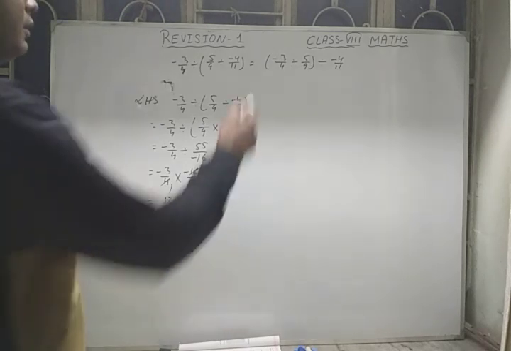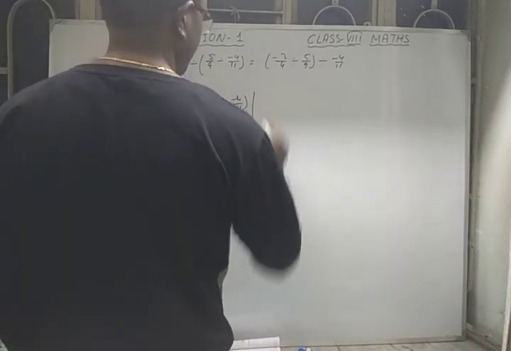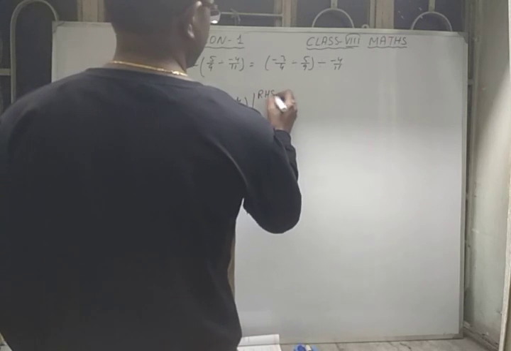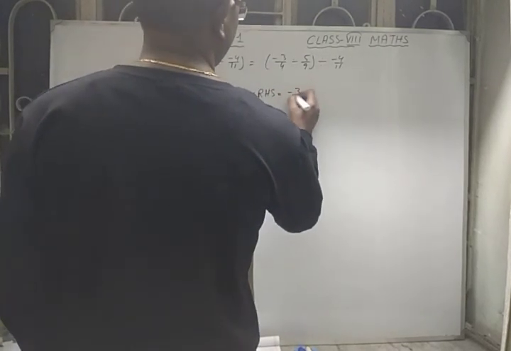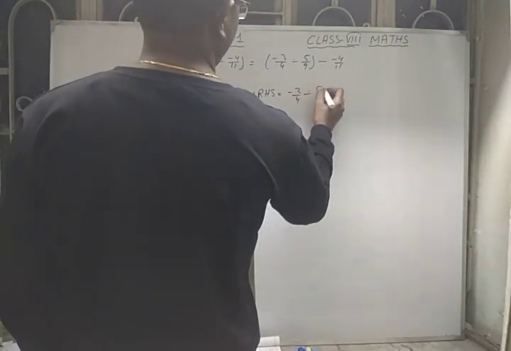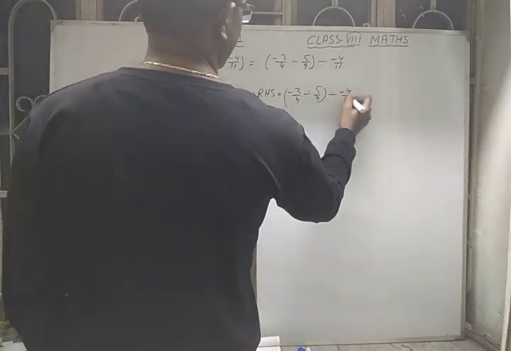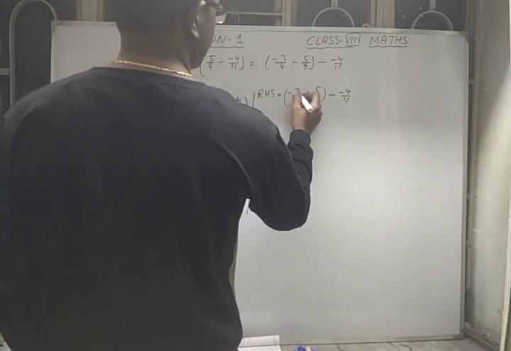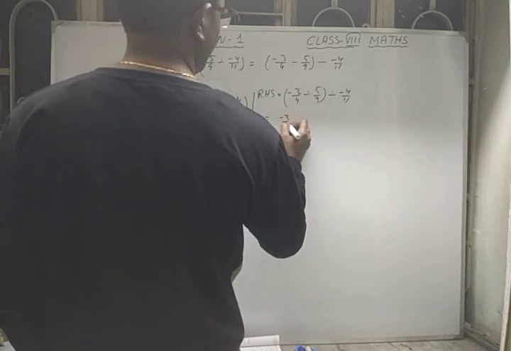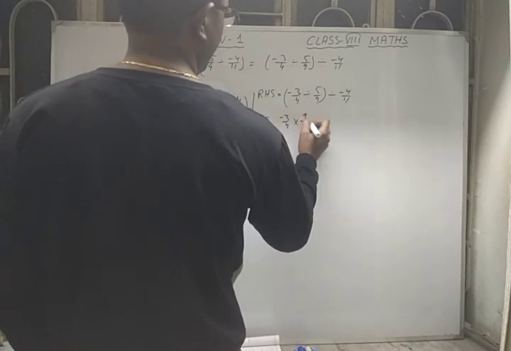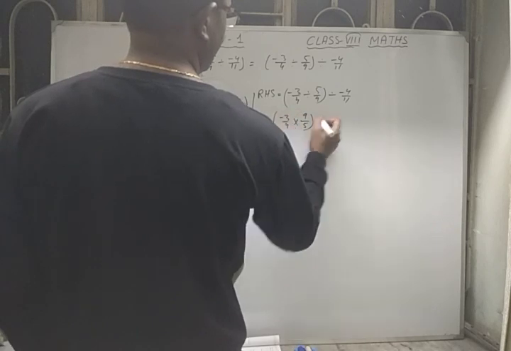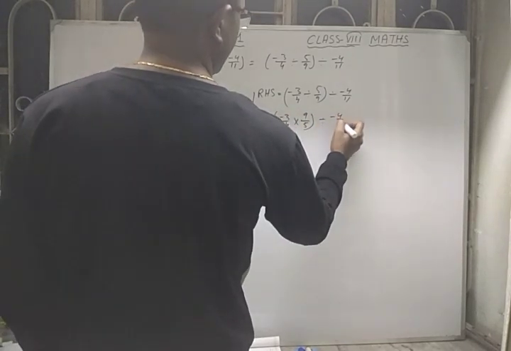Now we will solve the right hand side. RHS, always do it like this. Minus 3 by 4 divided by 5 by 9 divided by minus 4 by 11. So minus 3 by 4 into 9 by 5 divided by minus 4 by 11.